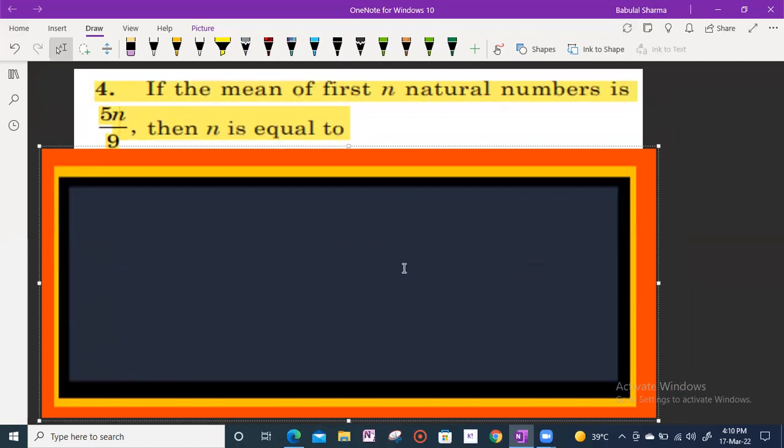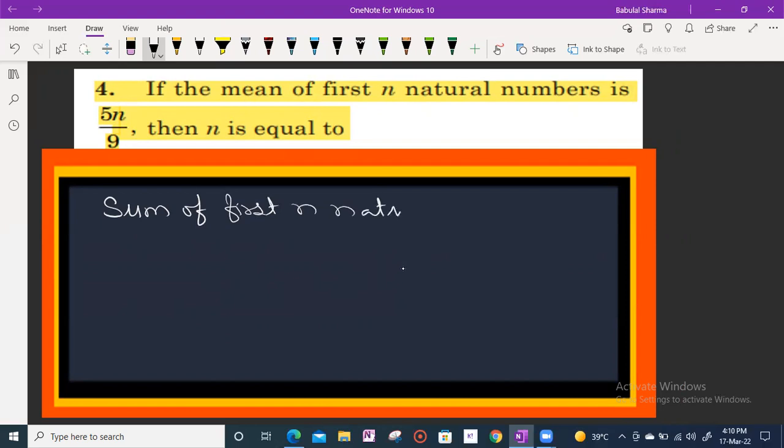If the mean of the first n natural numbers is 5n by 9, then what is the value of n? We know from the arithmetic progression that the sum of the first n natural numbers is n(n plus 1) by 2.